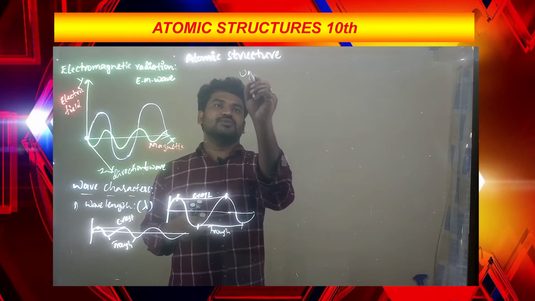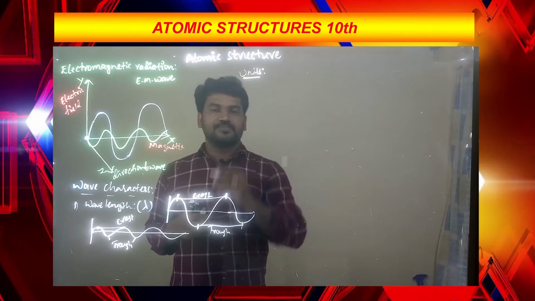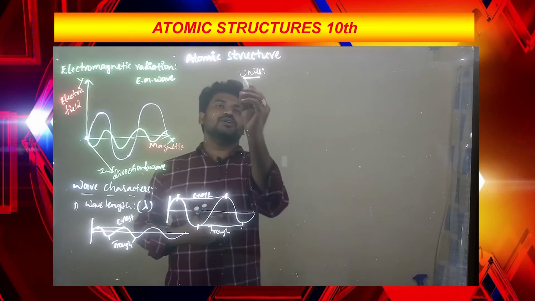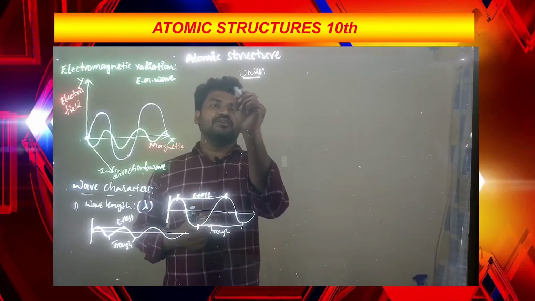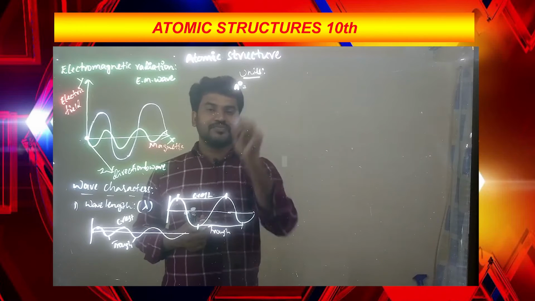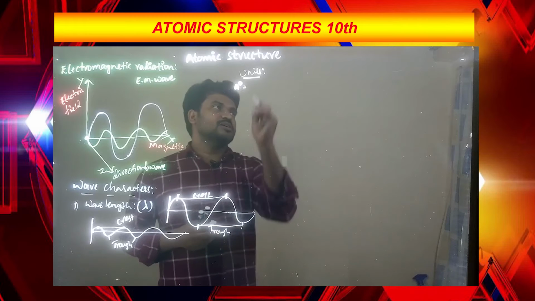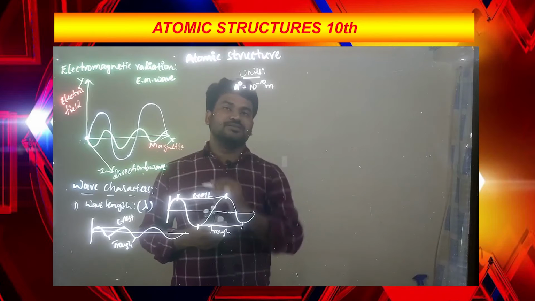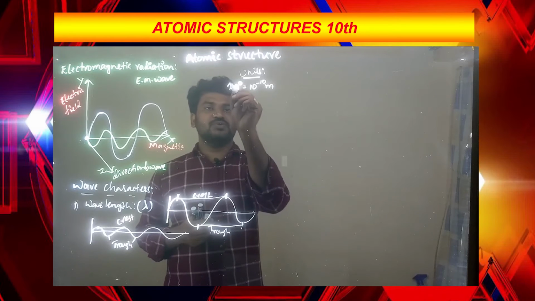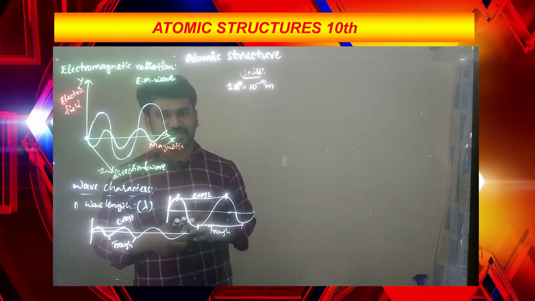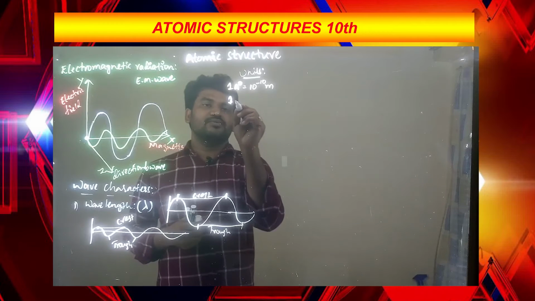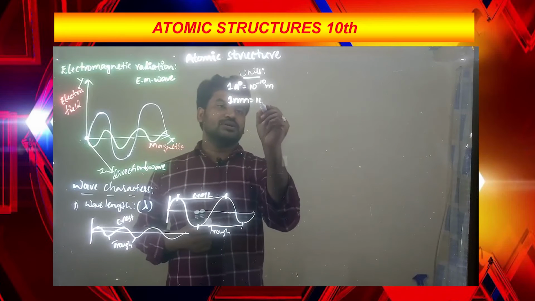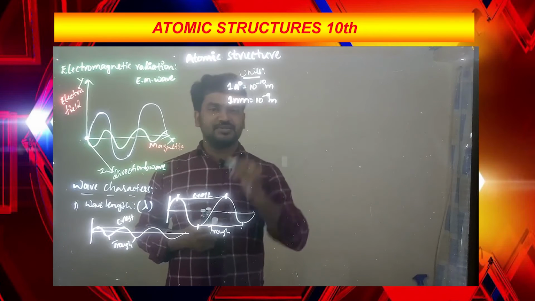The units of the wavelength: we can measure in angstroms. 1 angstrom is equal to 10 power minus 10 meters, and we can measure in nanometers also, nm. 1 nanometer is equal to 10 power minus 9 meters.